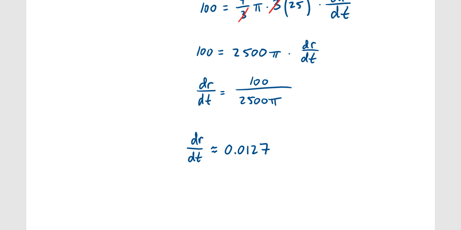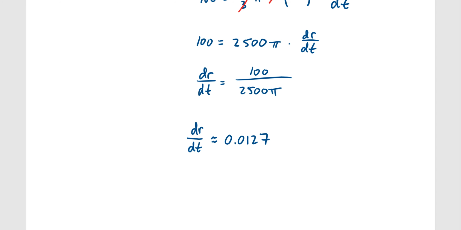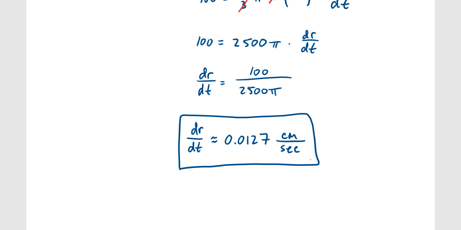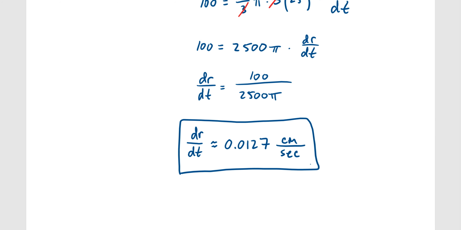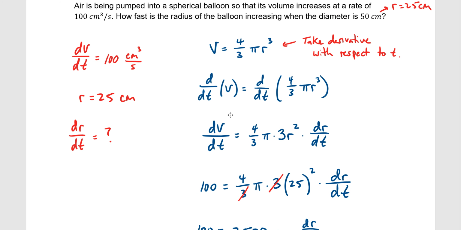Since this is the radius, the units are centimeters, and since we're taking the derivative with respect to time, it's going to be centimeters per second. So the radius is increasing at a rate of 0.0127 centimeters per second, as the volume is increasing at a rate of 100 cubic centimeters per second when the radius is 25 centimeters.